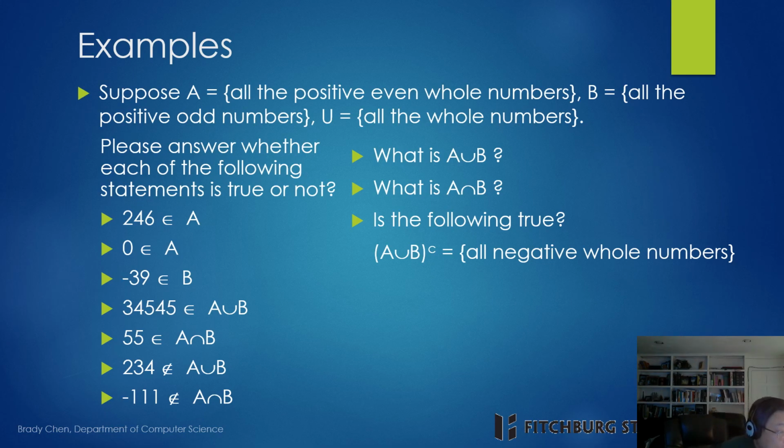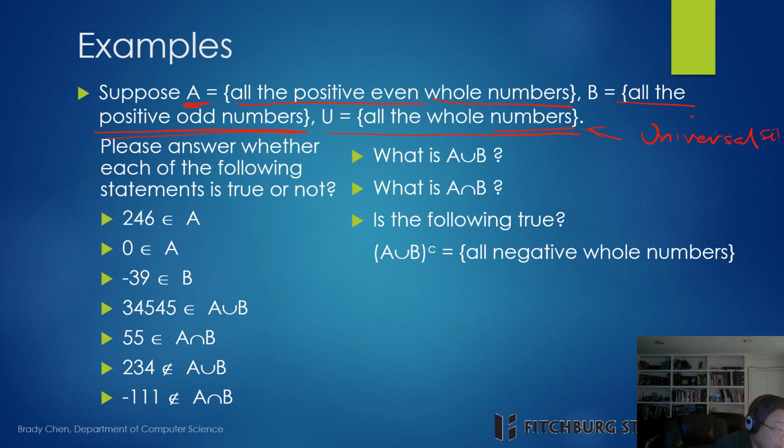Suppose A is the set of all positive even whole numbers, B equals all the positive odd numbers, and U is all the whole numbers. That means that's the universal set.